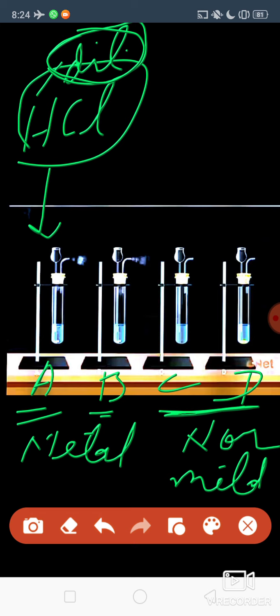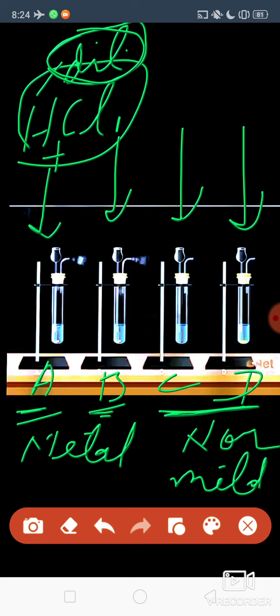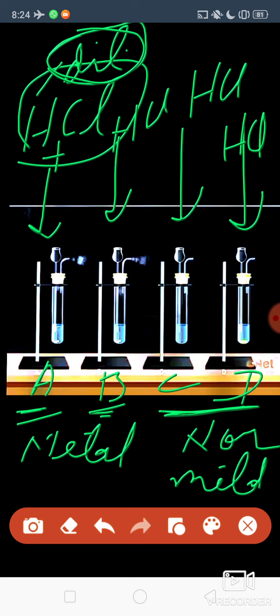So first of all we are adding hydrochloric acid in all 4 test tubes. In A there is metal, in B there is metal, in C there is non-metal, in D also non-metal.